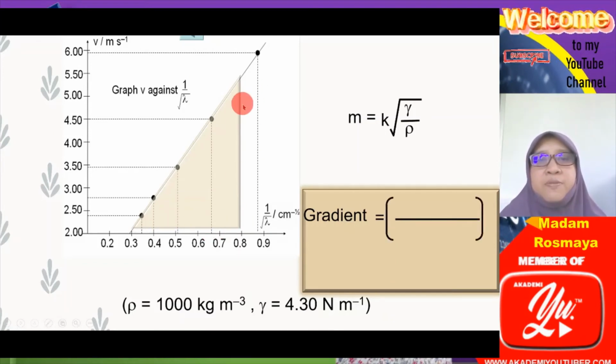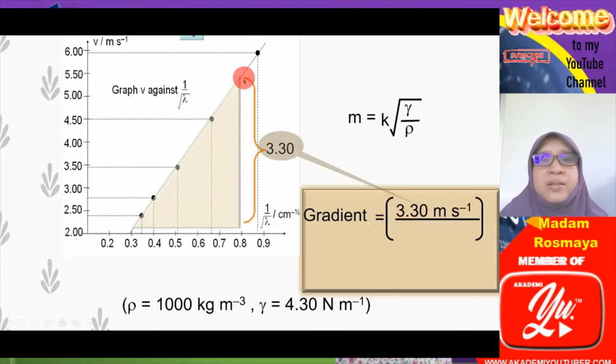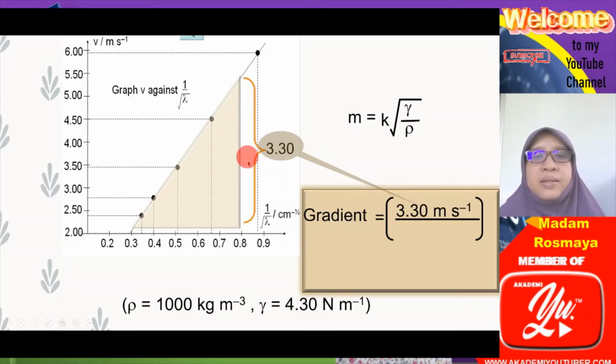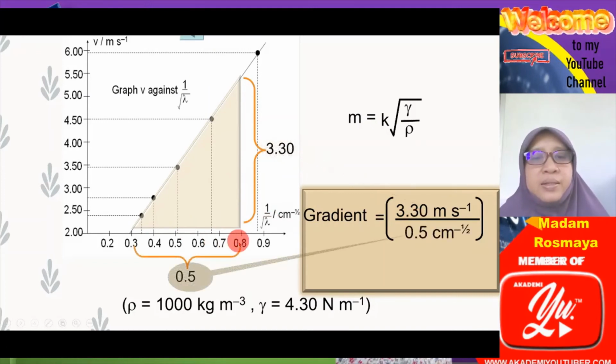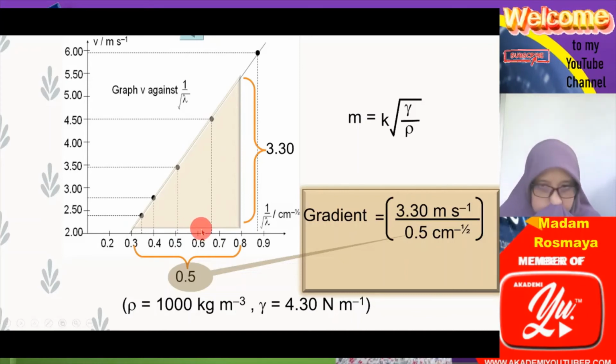We choose any 2 points on the line, and we calculate the vertical length. We get 3.30, and the horizontal length of the triangle shown here is 0.5.